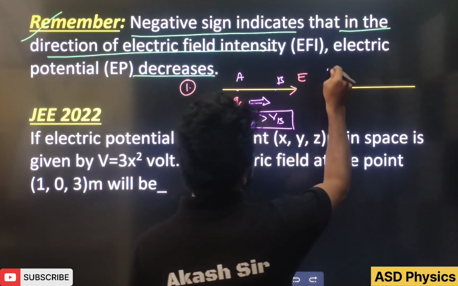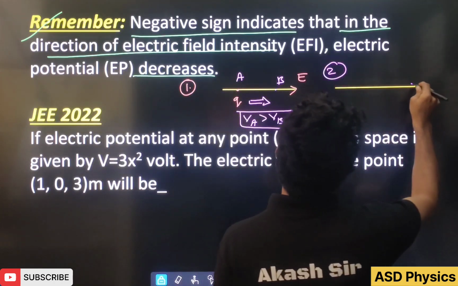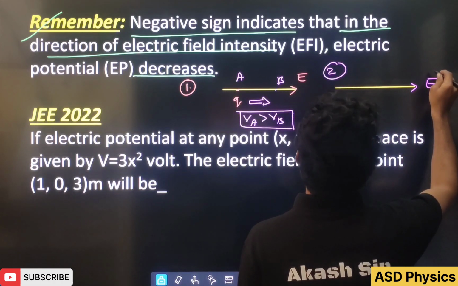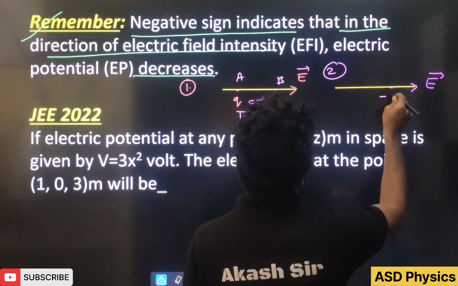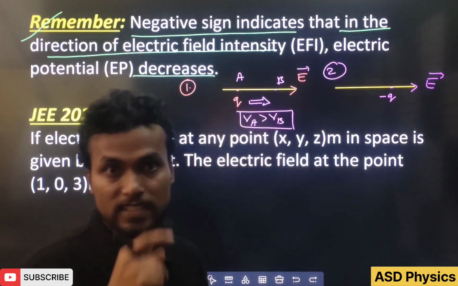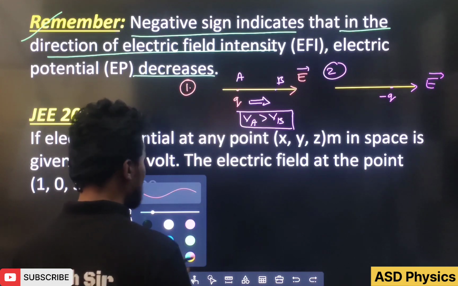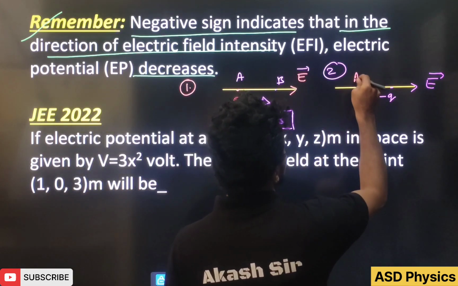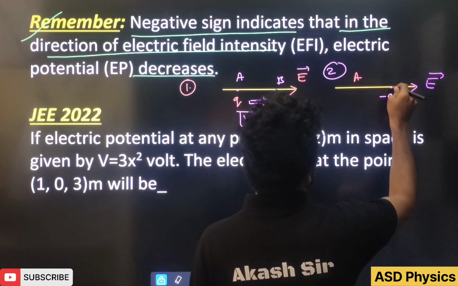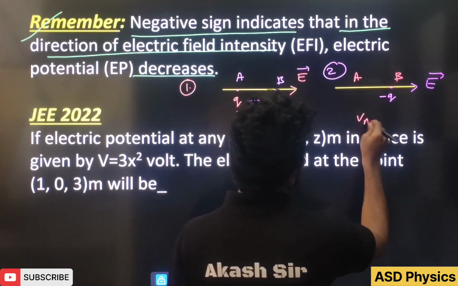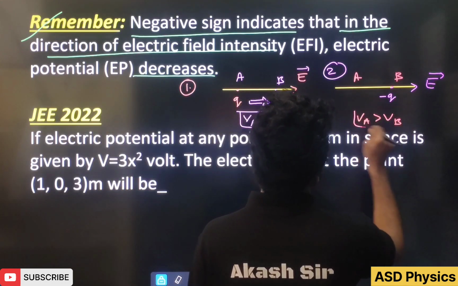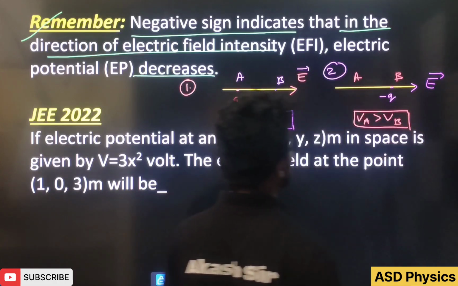Similarly, let's take the second situation. Again, this is the electric field, and now I have a negative charge here. If I take some points, let's say this is point A and this is point B, we know VA is greater than VB because in the direction of electric field potential decreases.